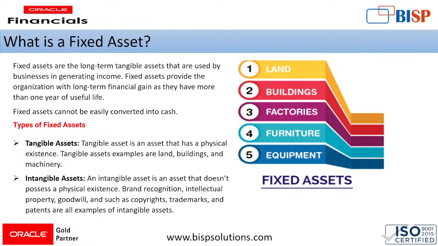And intangible assets don't possess any physical existence, right? So that is brand recognition, intellectual property, goodwill, and such as copyright, trademark, and patent are all examples of intangible assets. So it is an intangible asset.